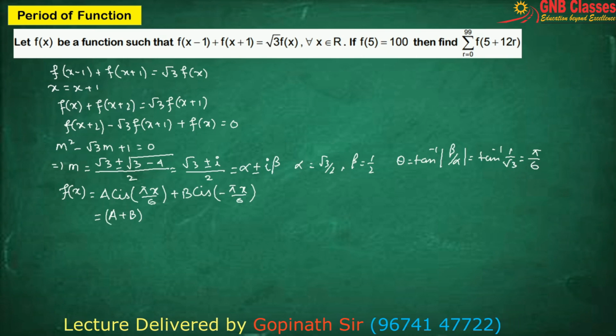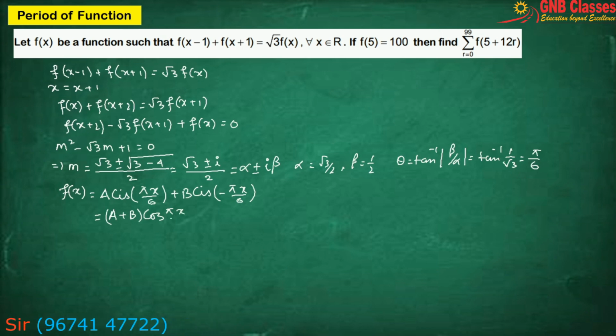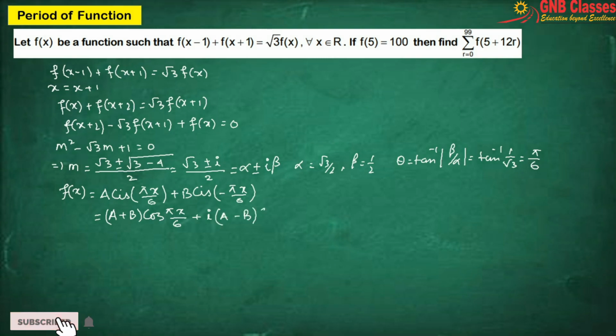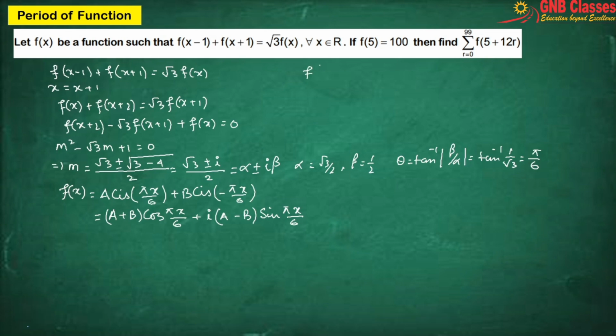Therefore, we can write it as a plus b cos pi x by 6 plus iota a minus b sine pi x by 6. Okay, now they have given f5 is 100.